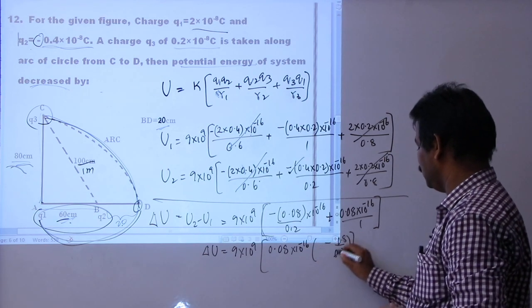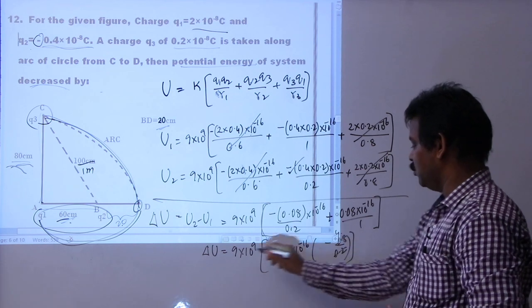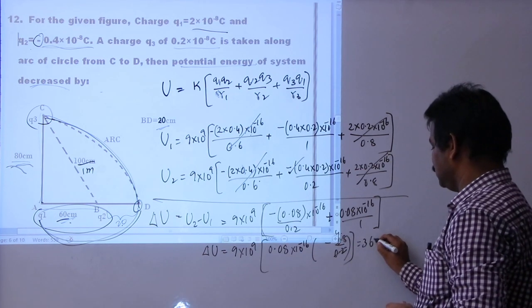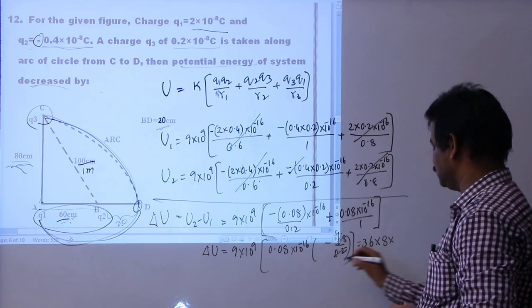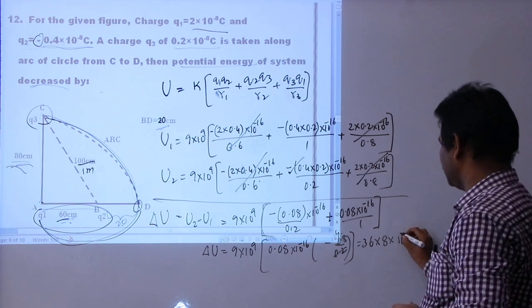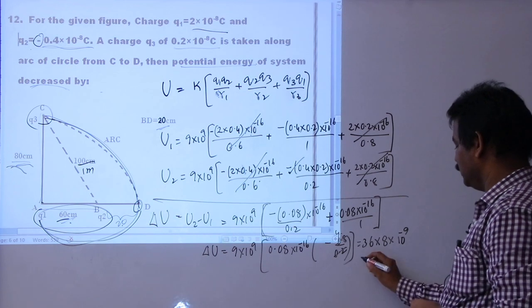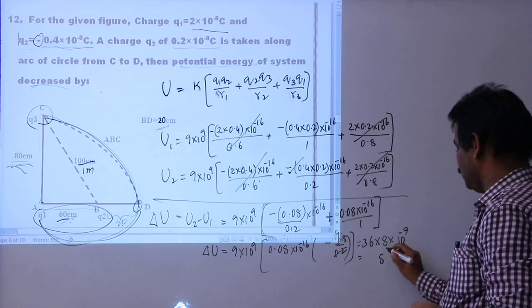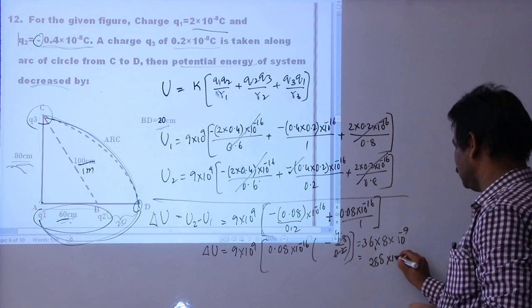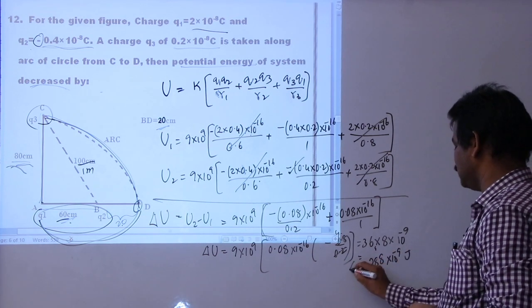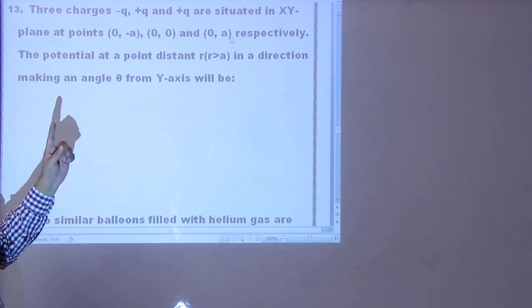That means you will get negative value. So 4 9s are 36 into 8 into 10 power minus 2, 10 power minus 18 plus 9 minus 9. So 288 into 10 power minus 9 joules.